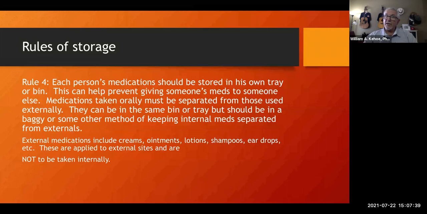Each person's medication should be stored in their own tray or bin, and they don't have to be expensive things, just a plastic bin for each patient, so you don't have them all mixed up. Have them separated by patients. Now within those, we generally recommend that meds to be used internally are somehow segregated from those that are external.